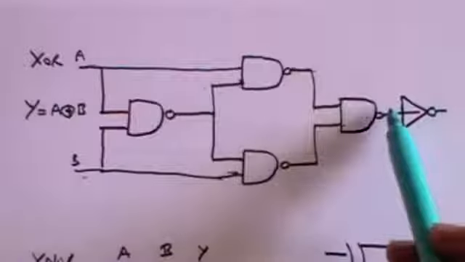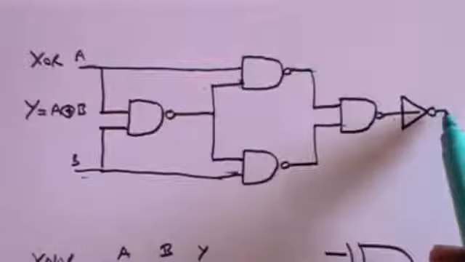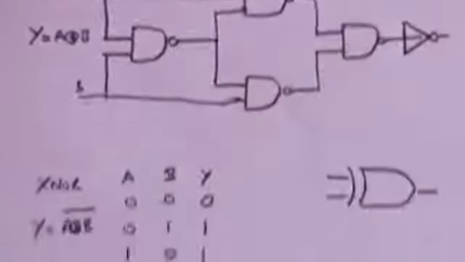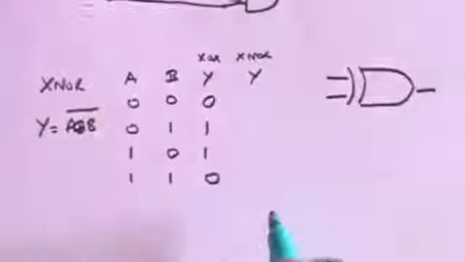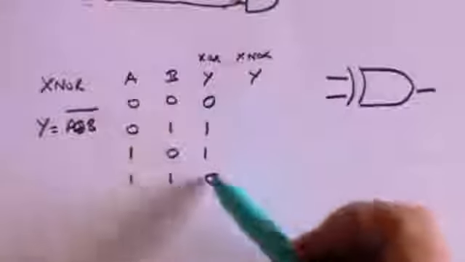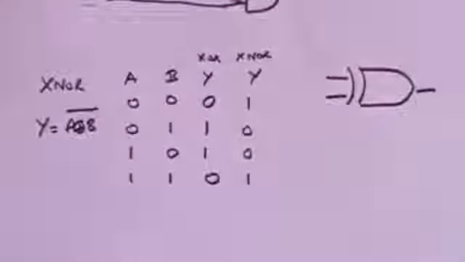So whatever you get out of an XOR gate will be the opposite of what you get out of an XNOR gate. So down here, this is the XOR output, this is the XNOR output, Y, and that will always be the opposite to what you get out of here. So that will be 1, 0, 0, 1.